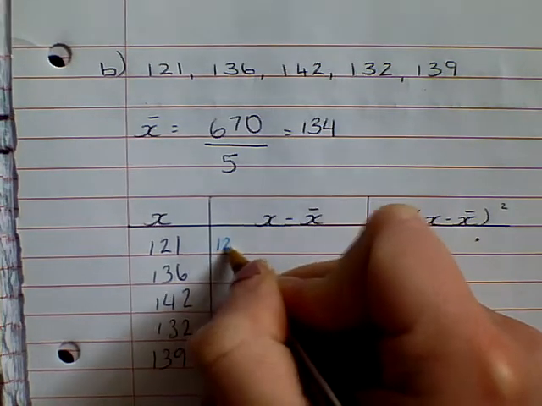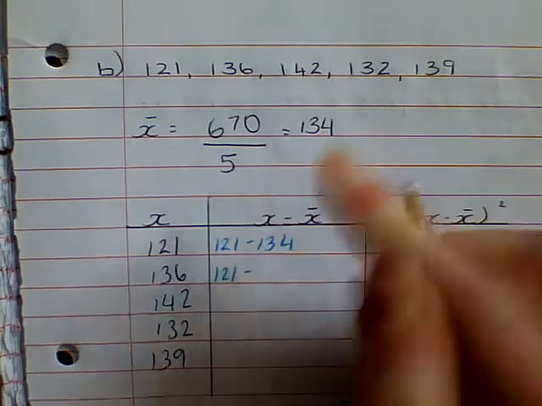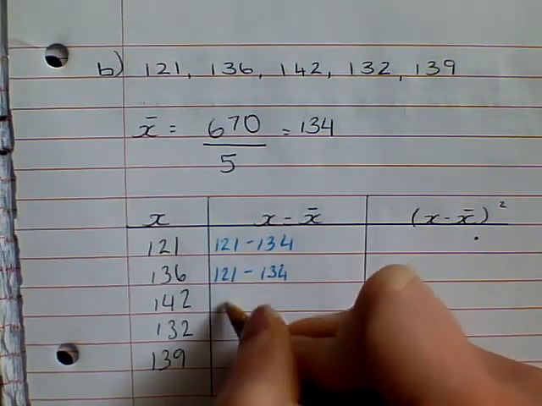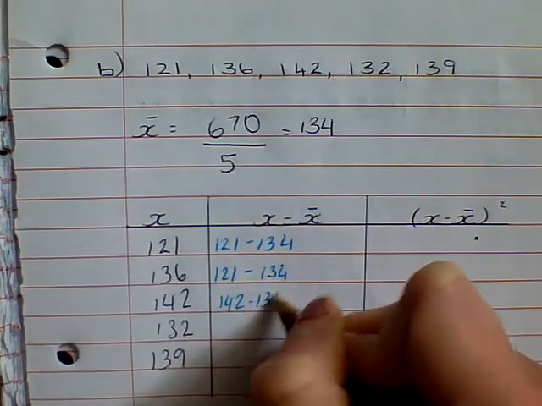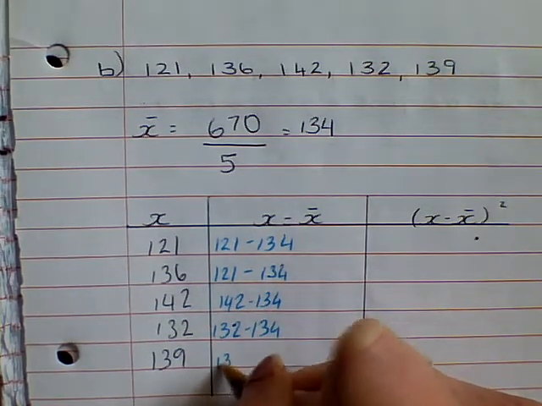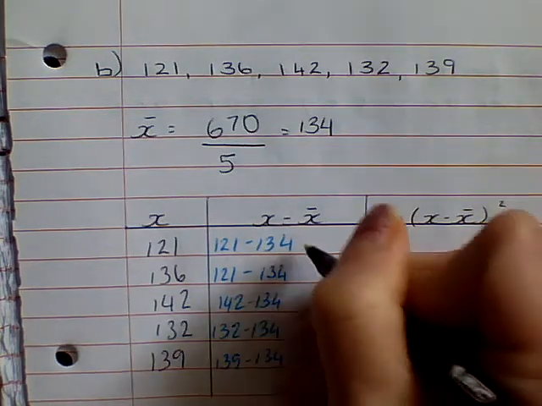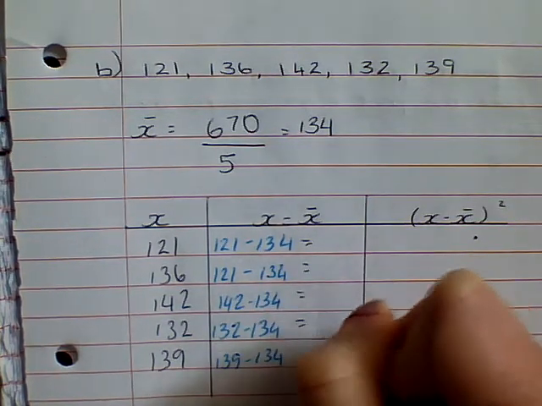So 121 minus 134, 136 minus 134, 142 minus 134, and going back to the black pen, this is showing you what you must have down.